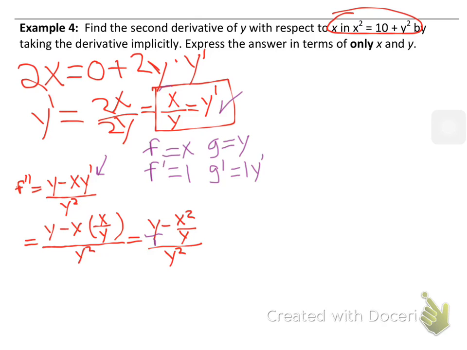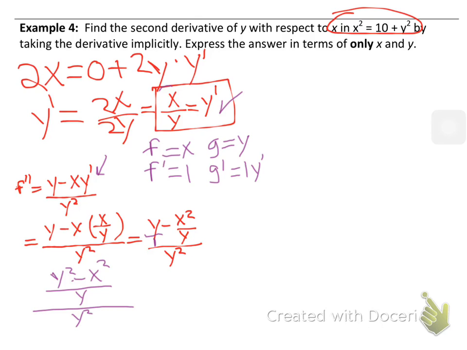Of course this is just y over 1, right? So if I multiply it by y over y, that y just becomes y squared minus x squared over a single y. All of that's still being divided by y squared.